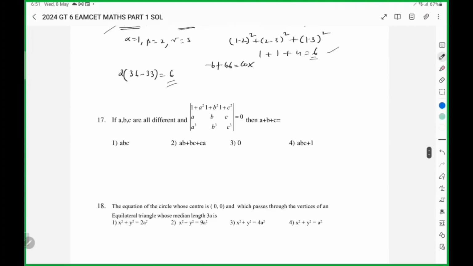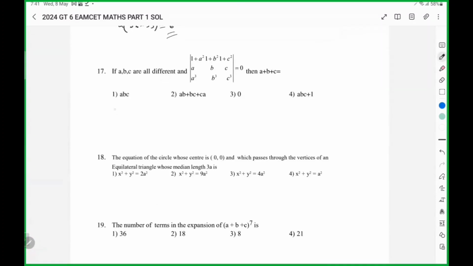So here it is. This we can write as the sum of two determinants: one a cube, one b cube, one c cube, plus a square a cube, c square c cube.